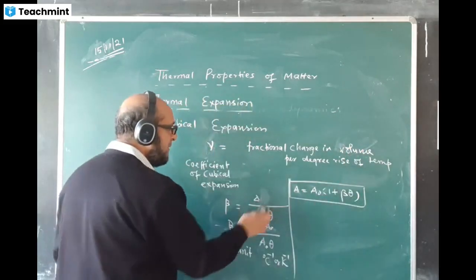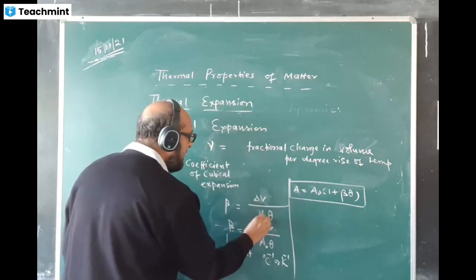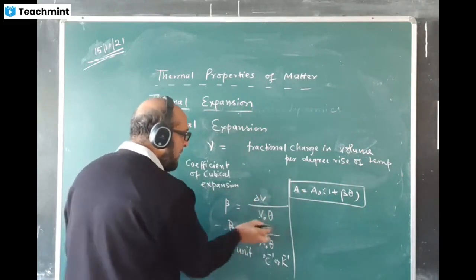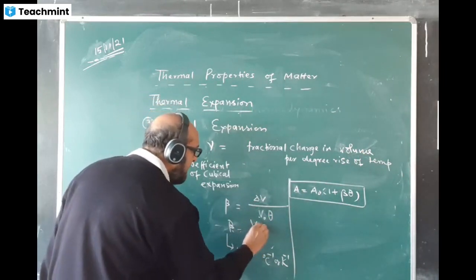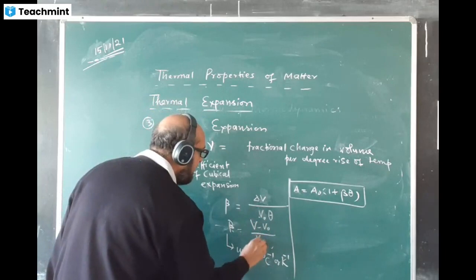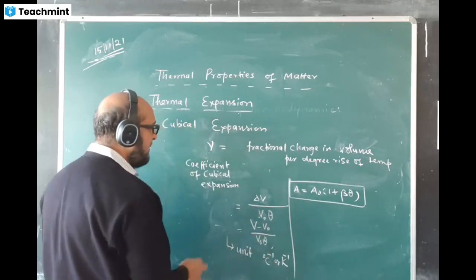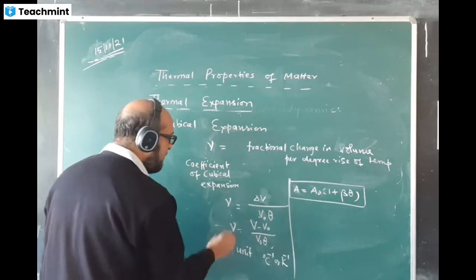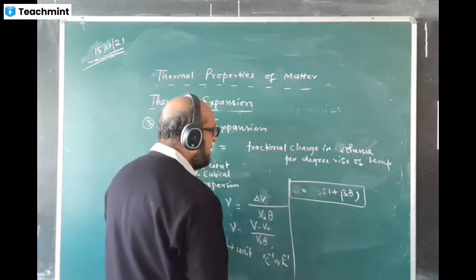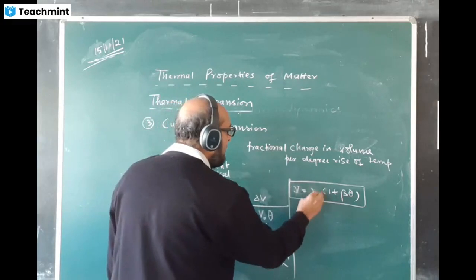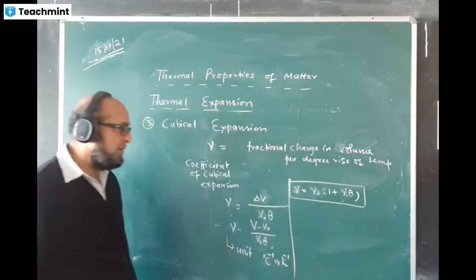The formula will change. Now this will come delta V upon V naught. Here we will be writing V minus V naught by V naught theta. And beta will change with the symbol gamma. Here also gamma. And this formula also will change. This becomes gamma equal to gamma naught 1 plus gamma theta, like this.